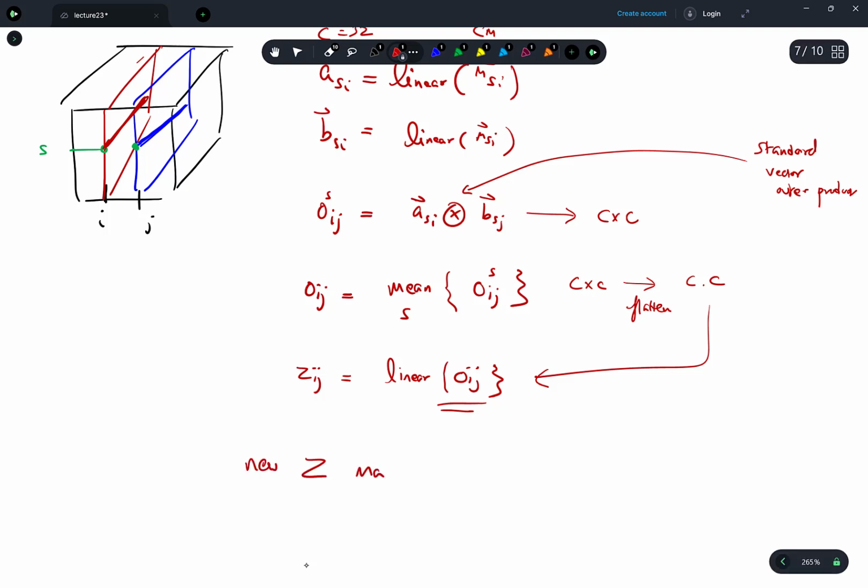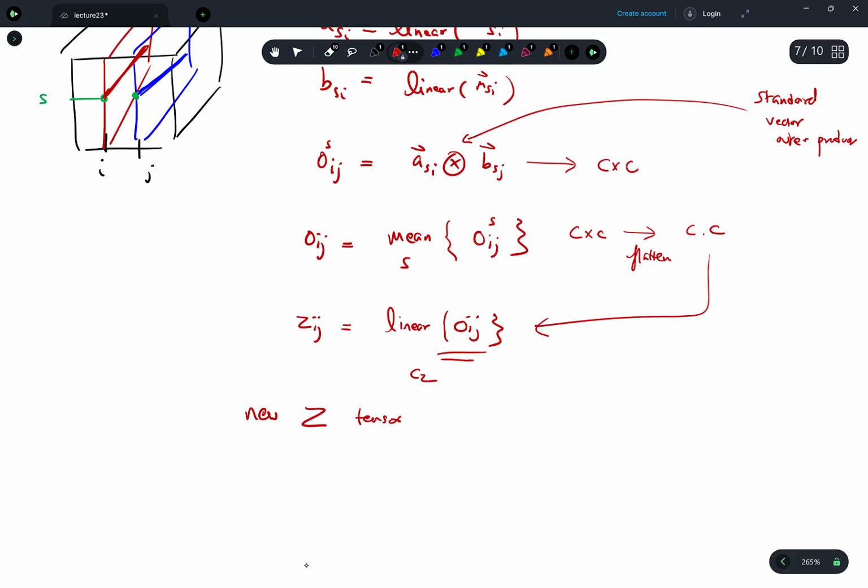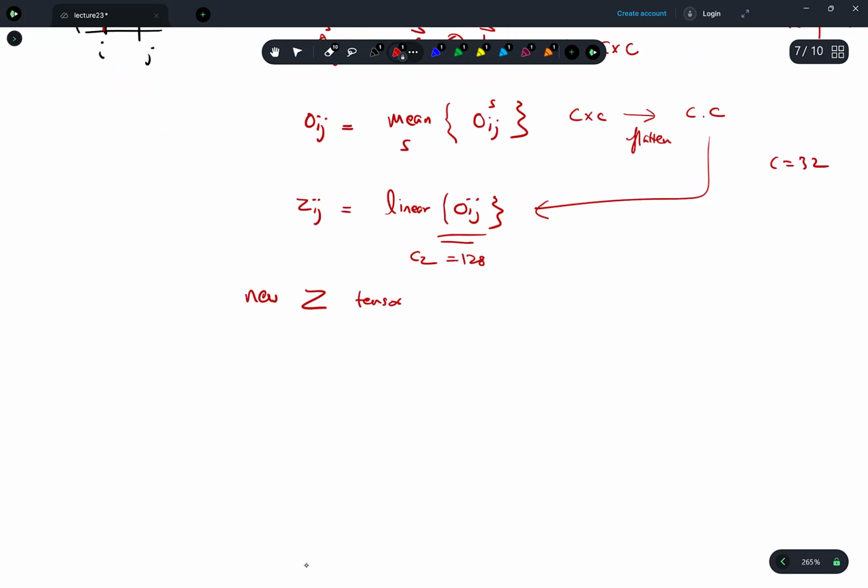So you go from C times C, which would be 32 times 32, to 128. C is of course 32, and CZ remains 128. So what you get is a new Z tensor, n res by n res by CZ. Let's call this Z new.